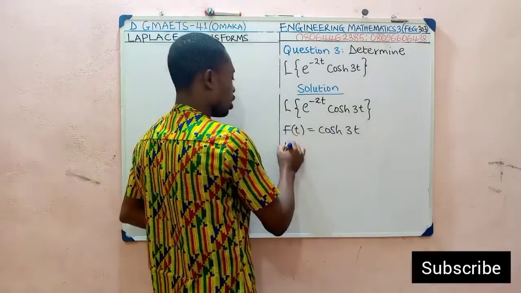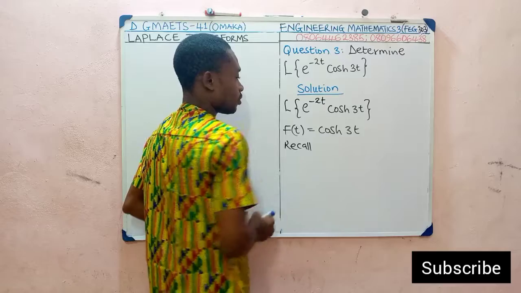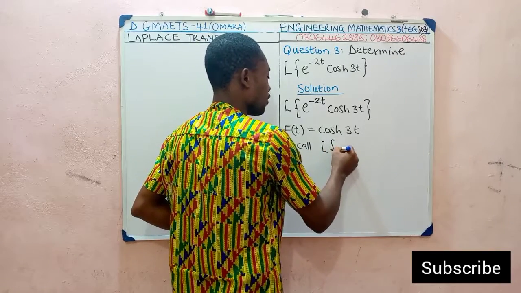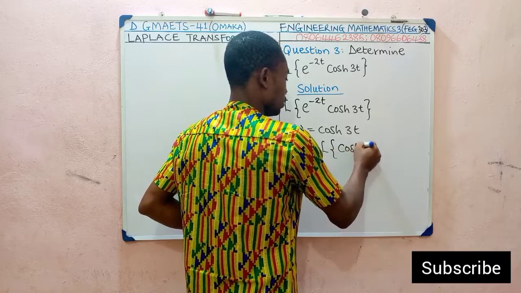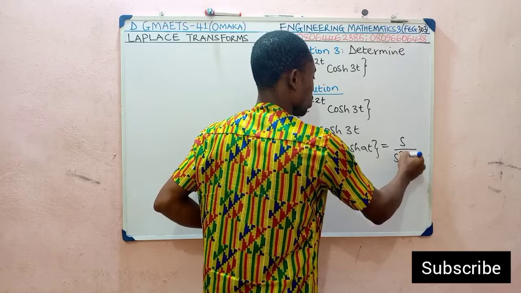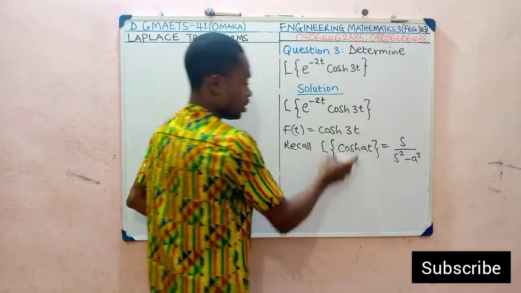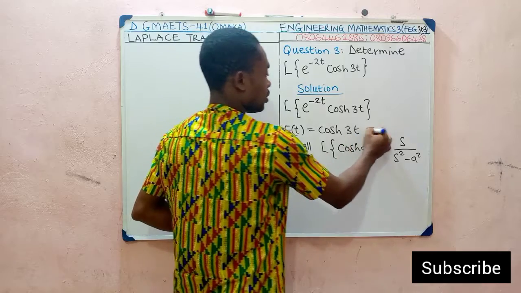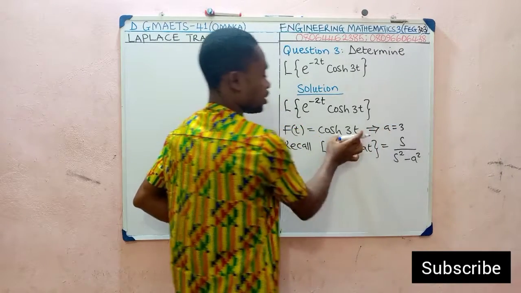And then recall, we know that the Laplace of cos at is equal to s all over s squared minus a squared. Here, a is equal to 3. It implies that a is equal to 3 in this case.